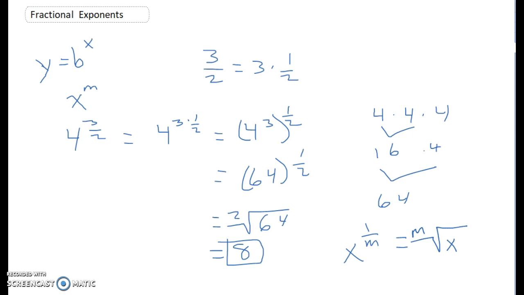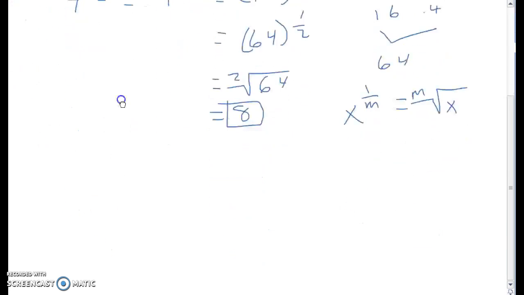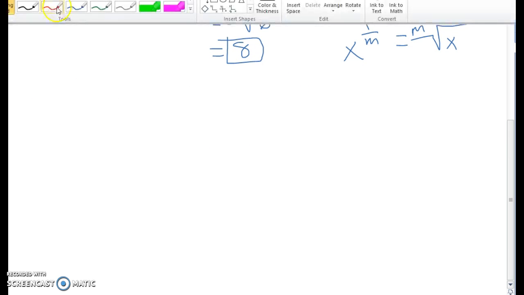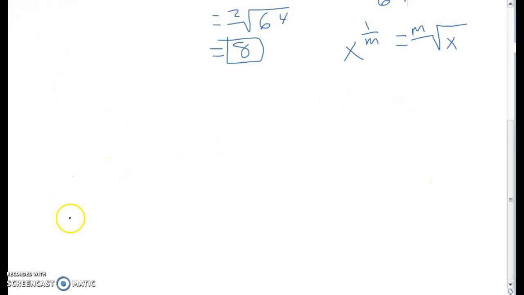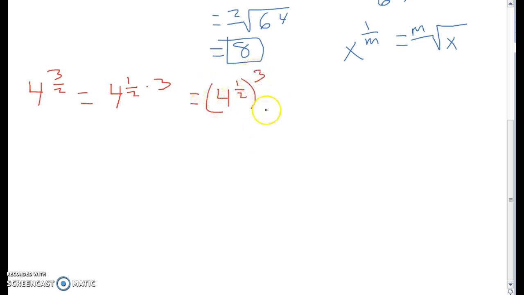We're going to continue exploring this a little bit more, but let's get a little bit more room. So once again, looking at 4 to the power of 3 halves, let's rewrite this in a couple of other ways. We had 4 to the 1 half times 3. I can rewrite that as 4 to the 1 half, to the 3rd, using the power rule.